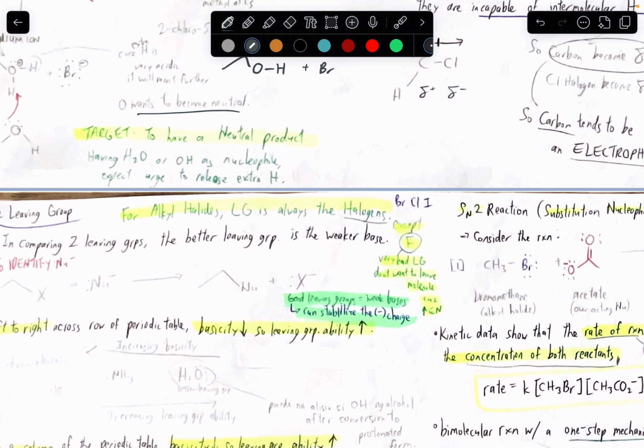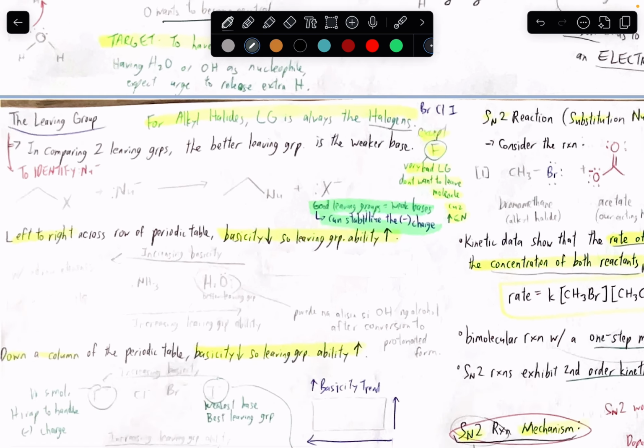So, knowing that, being the most electronegative atom, it is a very bad leaving group because it doesn't want to leave the molecule. So, that's basically what having a high electronegativity does. So, yeah. Expect that you will only be seeing bromine, chlorine, iodine for the most part.